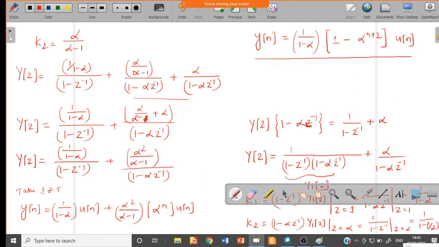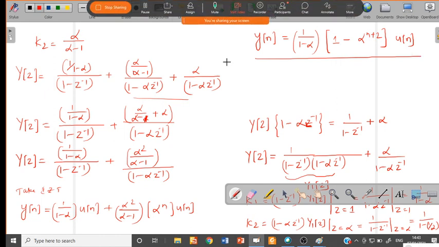Okay, so this is your y of n for the step response, x of n equal to u of n. Okay, so understood? Any doubt?